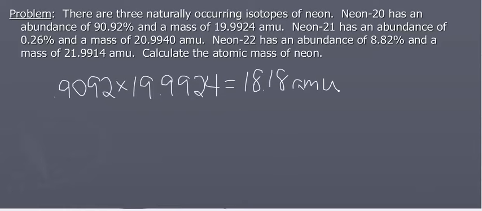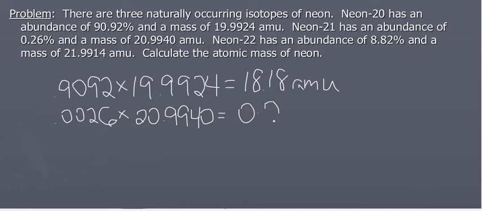And we're going to do that for each isotope. So then we're going to do neon 21. Abundance, changed into a decimal, 0.0026, multiplied by the mass from the mass spec. It's up to you how many decimals you want to carry out here when you multiply. And then neon 22, its abundance, 0.0882, multiplied by its mass.